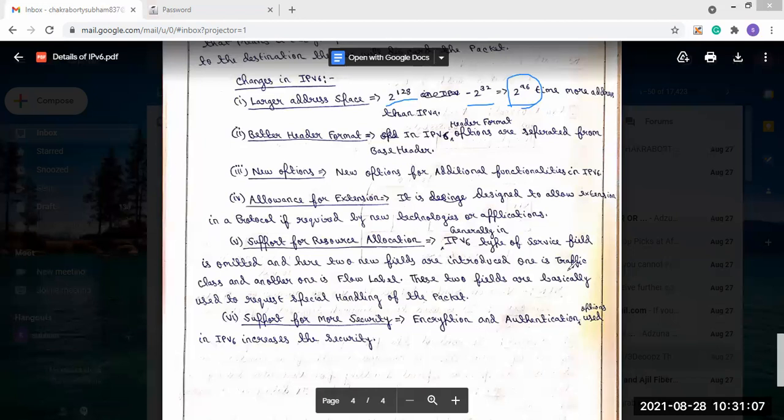Two new fields are introduced instead: the traffic class and the flow label. These two fields are basically used to request special handling of the packet. And there is support for more security: IPv6 provides encryption and authentication, so it supports more security than IPv4.